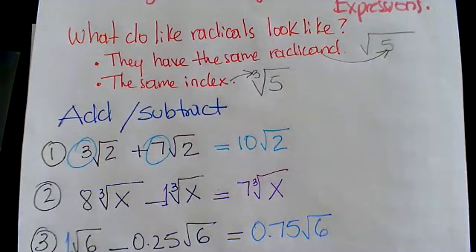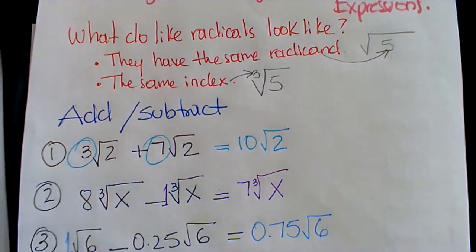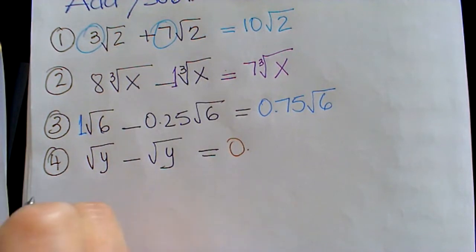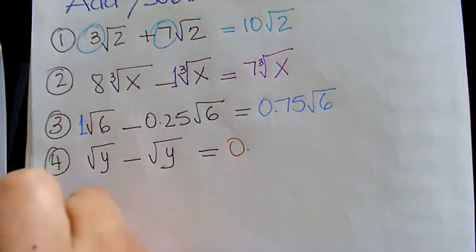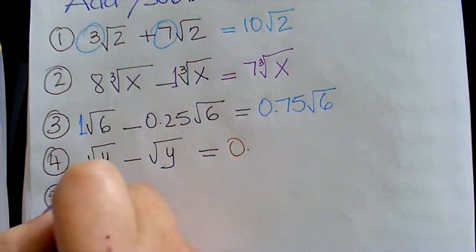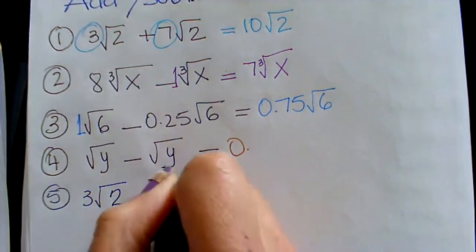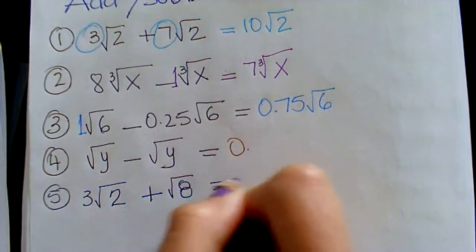Now, let's do this one. Look at this one. It's a little bit different. We have 3 times the square root of 2 plus the square root of 8.